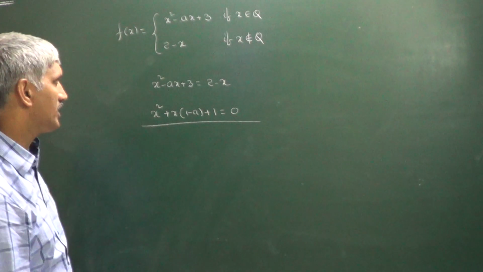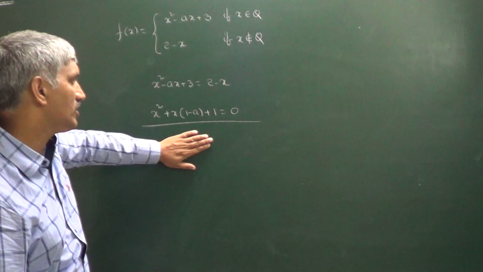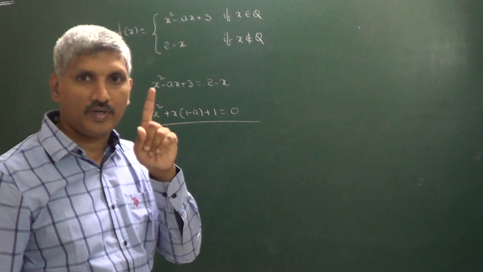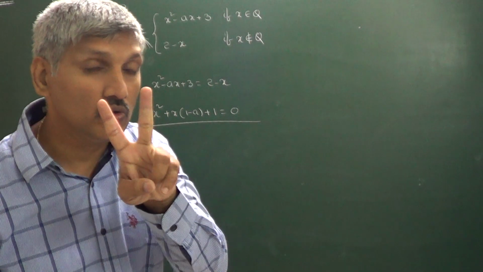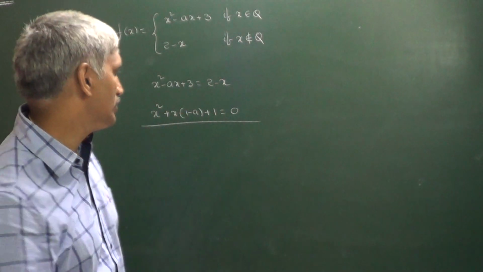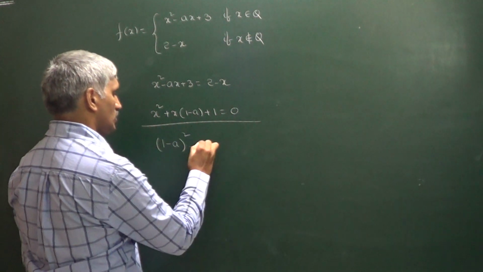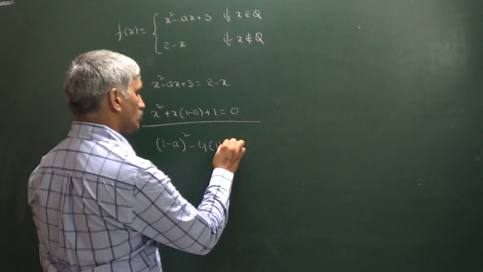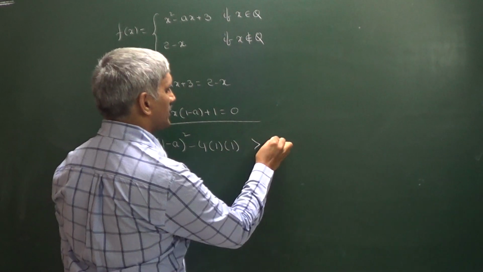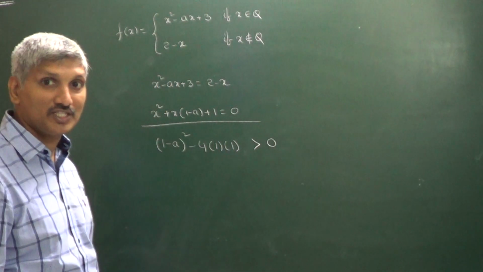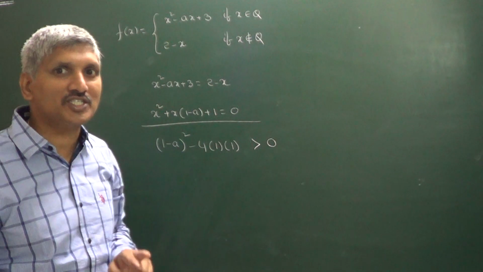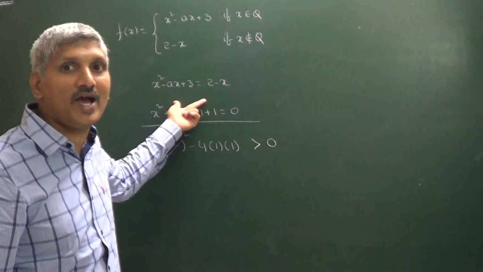That is the quadratic equation. This quadratic equation must have exactly two distinct roots, which is possible only when b square minus 4ac must be greater than 0. Because he is saying at 2 points the function is continuous, that means we have to get two values of x.